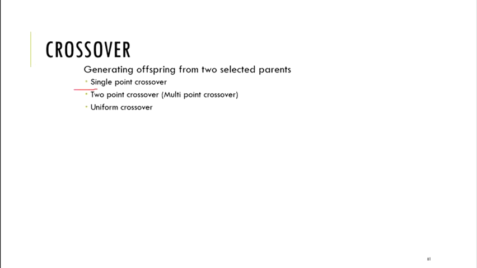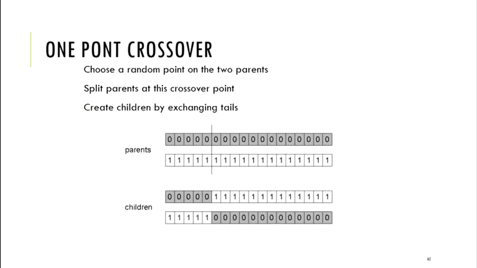Crossover can be done in three ways: either single point crossover, multi-point or two-point crossover, or uniform crossover. Let's have a look at each one of these. In a single point crossover, you select some point in a chromosome or in an individual, and all of the chromosomes or genes of one parent are crossed or split to the next parent.